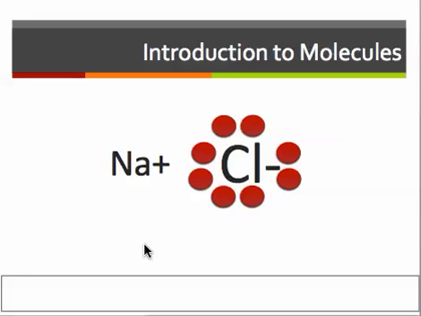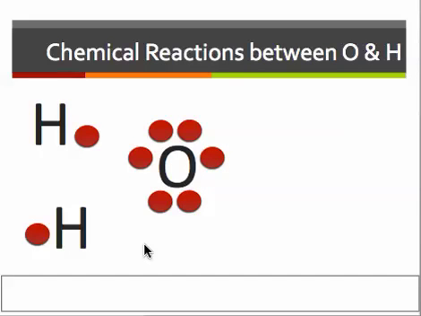Okay, let's move to another example. So let's consider a combination of oxygen and hydrogen atoms. Hydrogen is in the first row of the periodic table, and so to remind you, it reaches the stable configuration either by gaining one electron or losing one electron, since that first shell only holds 2 electrons.